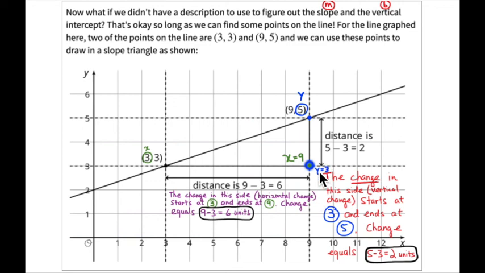So it's 3, but you have to add these 2 units that are the beginning amount. So 3 plus 2 gets you up to this 5.